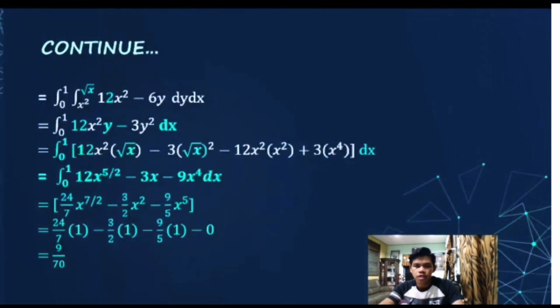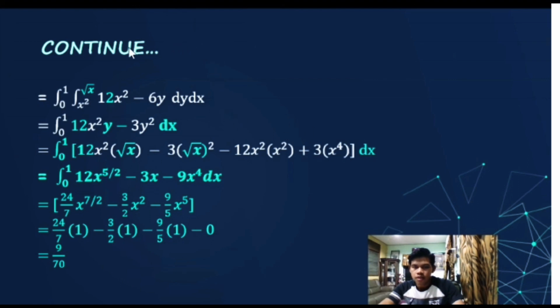Okay, we integrate 12x squared minus 6y dy dx. First we integrate with respect to dy, and we get 12x squared y minus 3y squared dx.